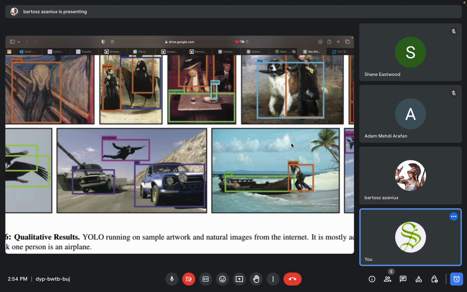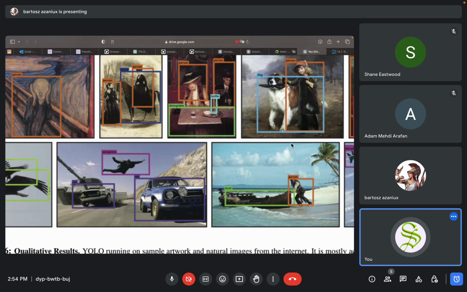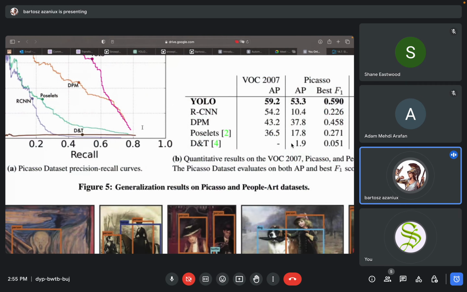But basically, an airplane has a certain general shape, and a boat has a certain general shape, and a person has a certain general shape. So each of these S by S grids has an arbitrary number of boxes that it creates, and that's how you get this massive number of boxes.